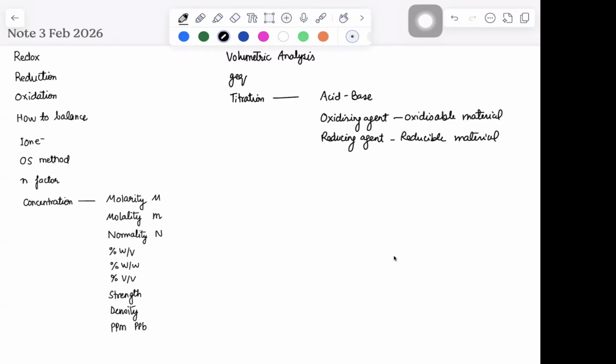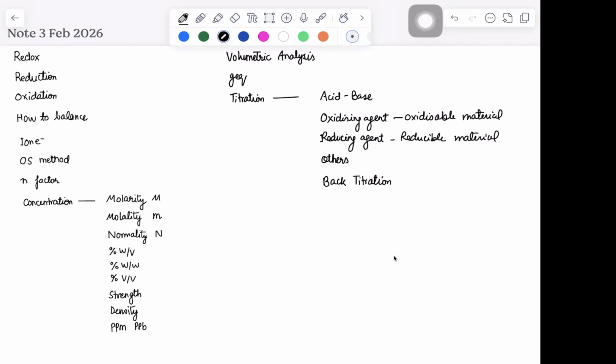Okay. Other than oxidizing agent, reducing agent, oxidizable material, reducible material, this can also be some other type of titration. There is something called back titration. You should know what is back titration. So these are multiple cases that we should know.